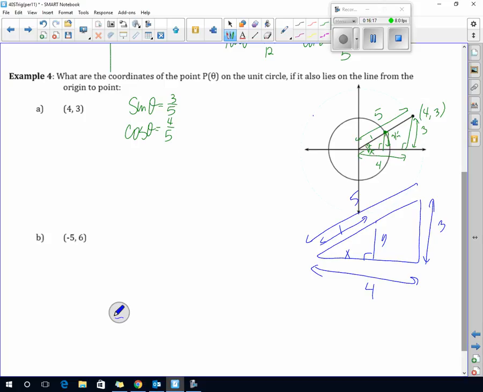Because it's all proportional, right? So 1/5 equals x over 4. Do you see? And then you just do a cross multiply, so you get x is 4/5. Do you see that? Same with this. 1/5 equals y over 3, and you can get that y is 3/5.